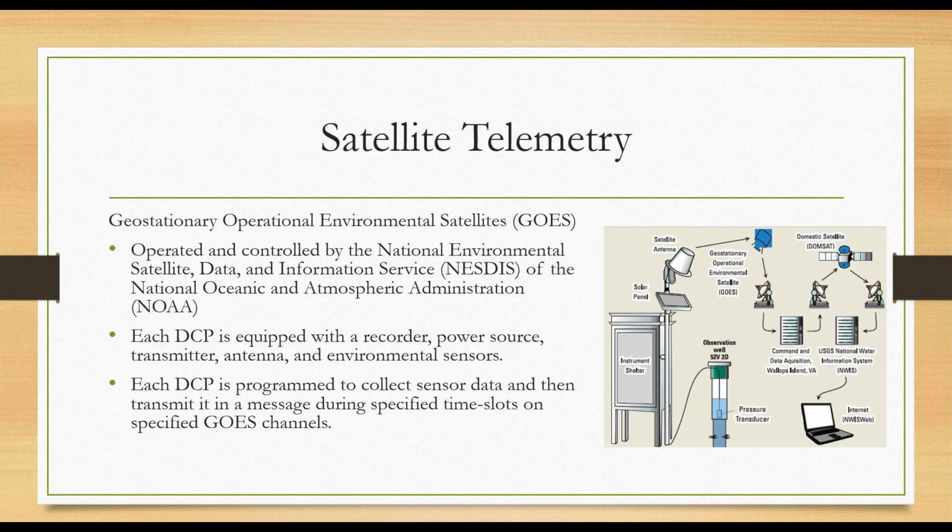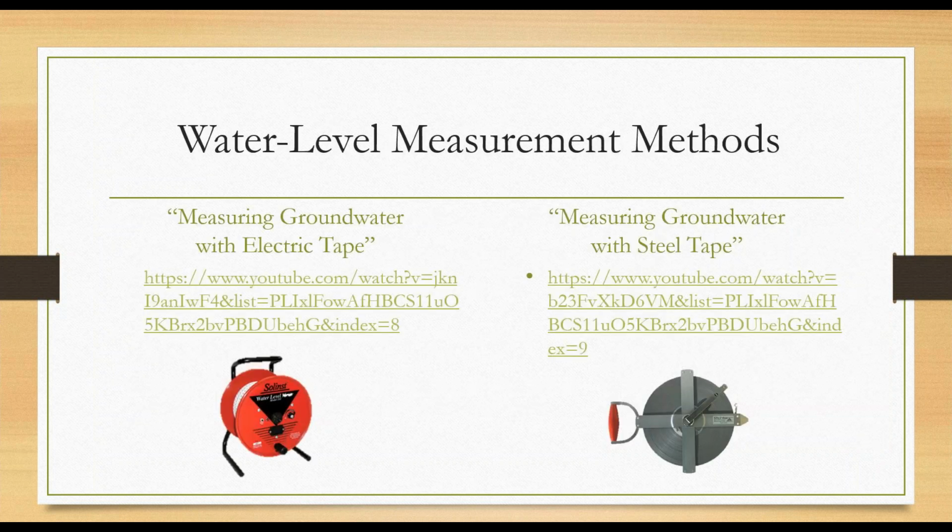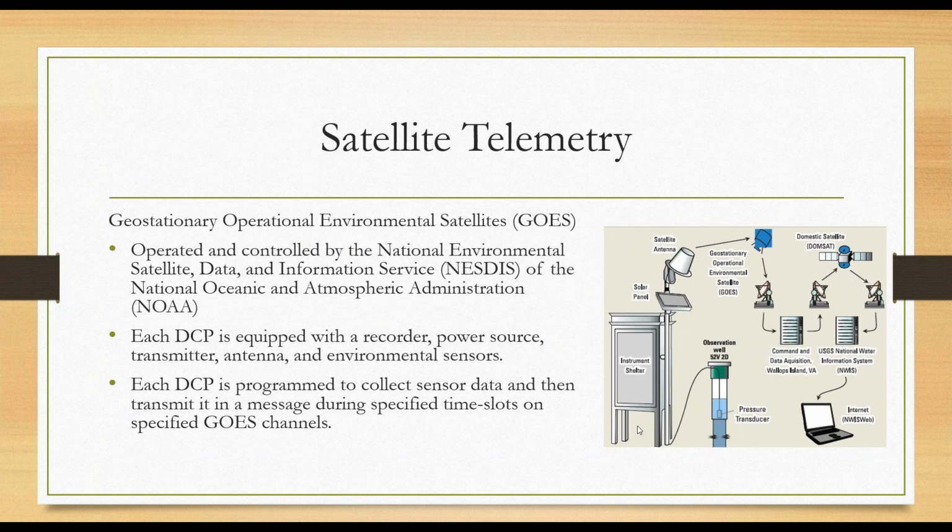I mentioned just a few seconds ago how we get the data from the field for continuous real-time records to the office. This diagram shows an instrument shelter, where the instruments are sitting. There's a power supply and a satellite antenna.